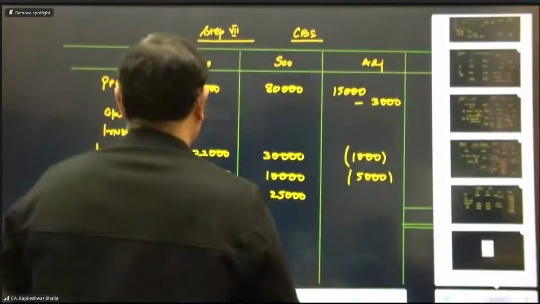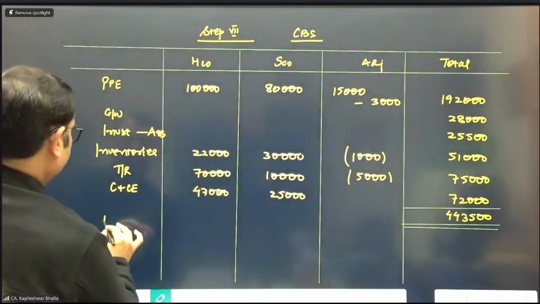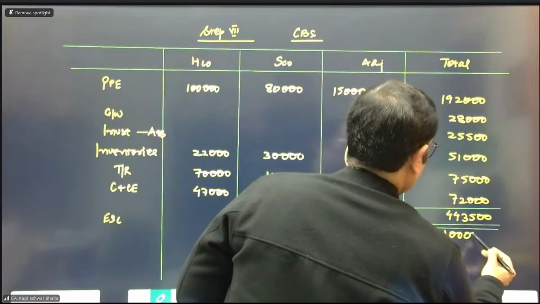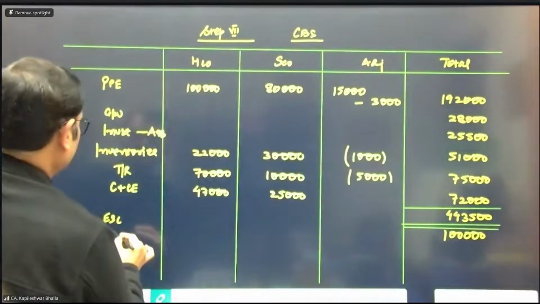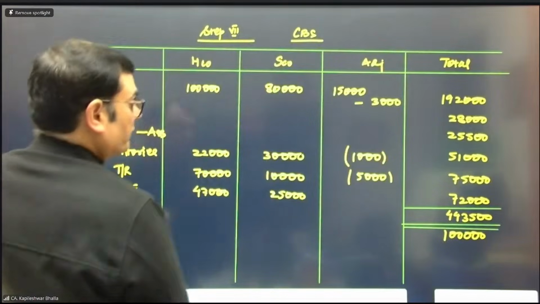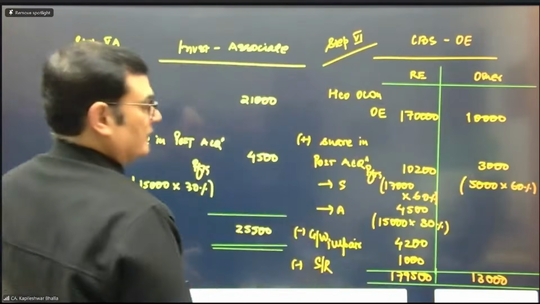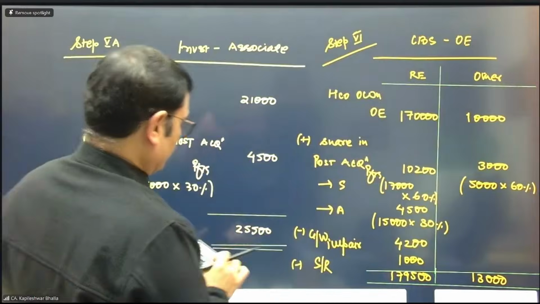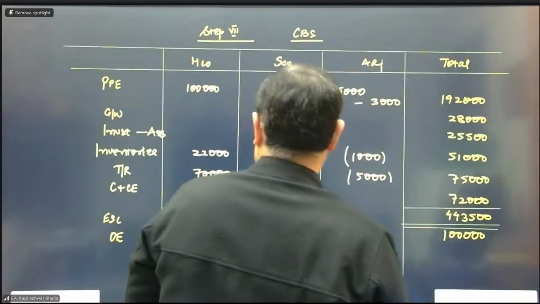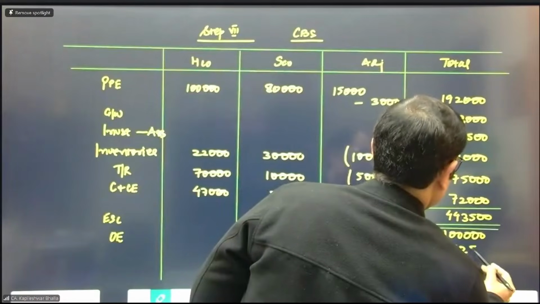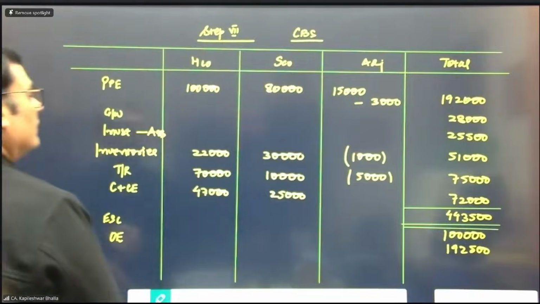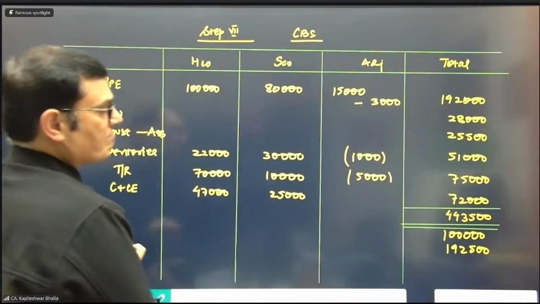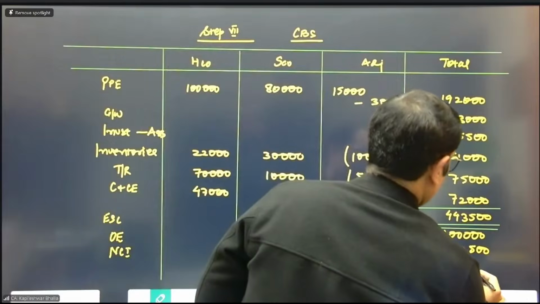For the other equity, we can pick up the information from step number 6: 179,500 and 13,000, so 192,500 is other equity. And do you remember what was the NCI? I think it was 61.